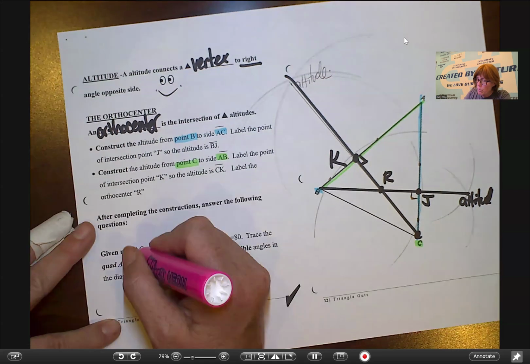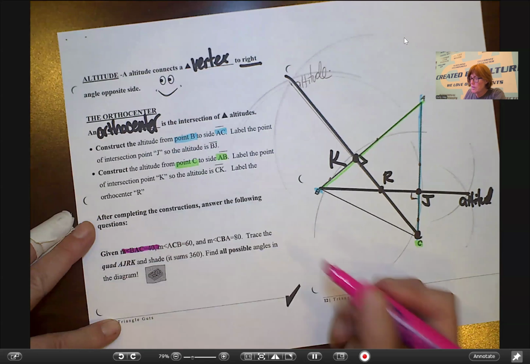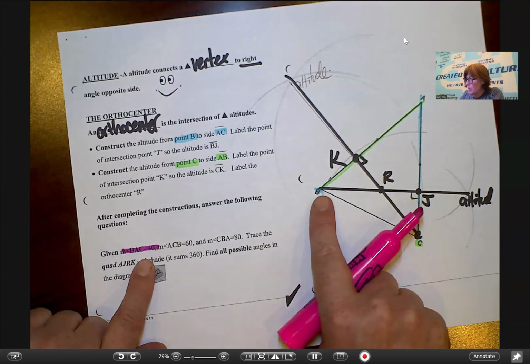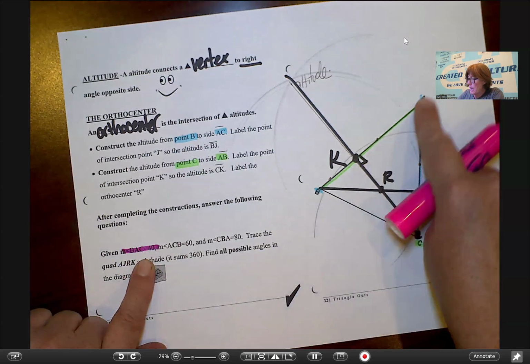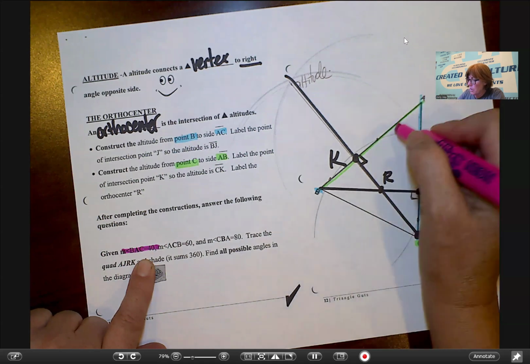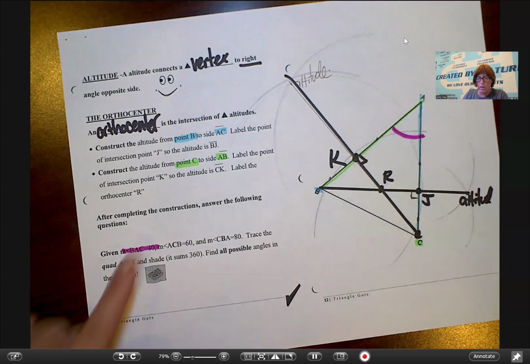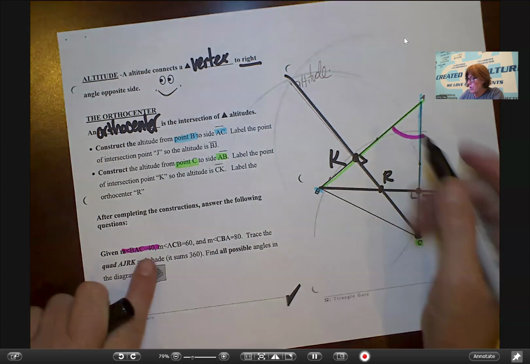The angle measure BAC: here's B, here's A, here's C. BAC is going to be 40 degrees.